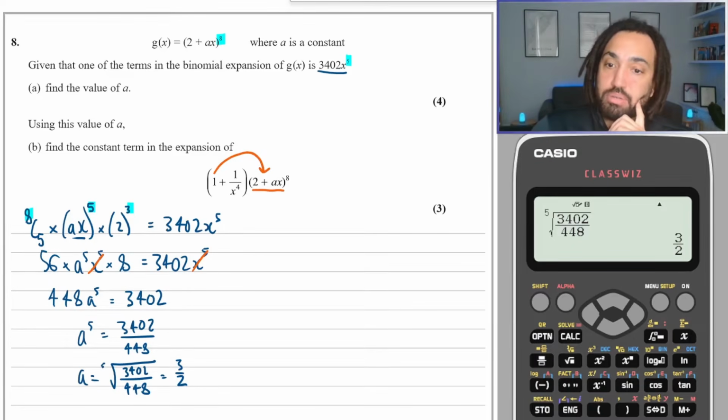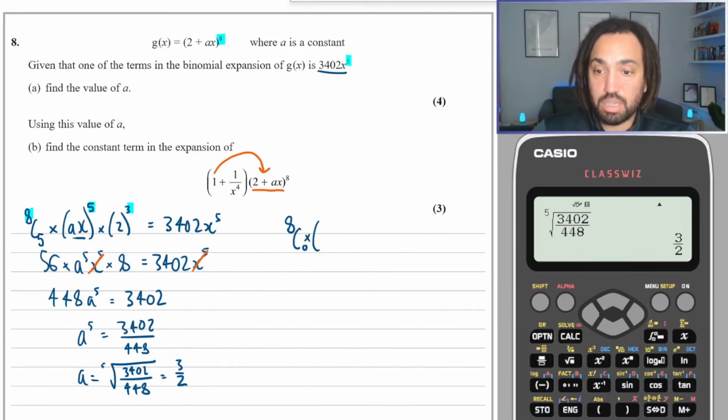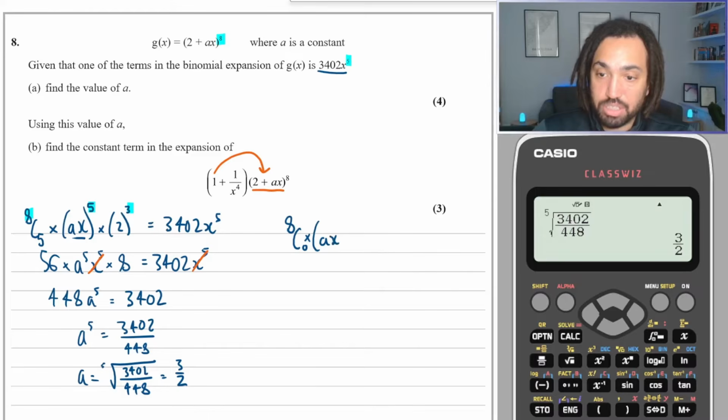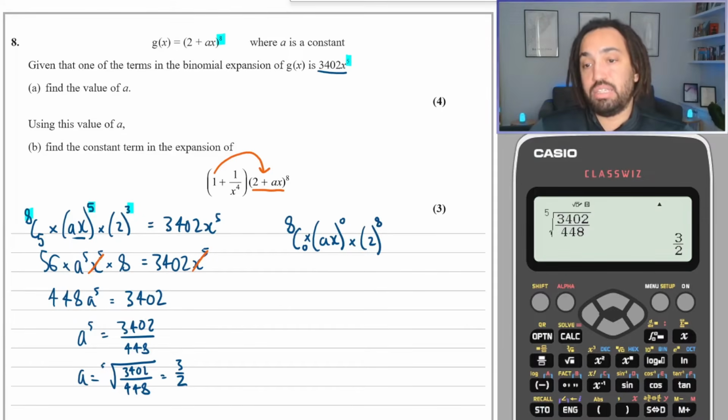Okay, so the constant term coming out of the power 8 bracket, well, what is that going to be? Well, the constant term will be 8 choose 0, because the x power I'm going to use will be 0, and the constant term in here is 2, and that's going to be raised to the power 8.